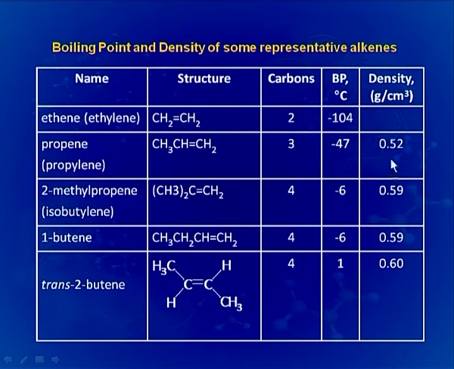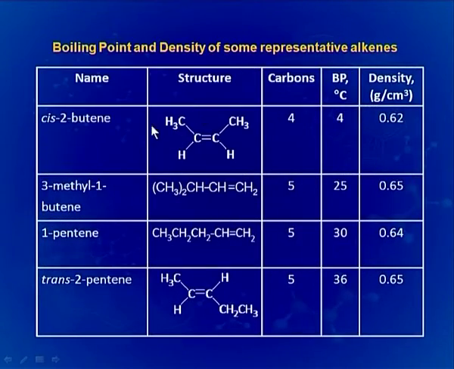Similarly, densities increase because the alkyl groups have increased. So, densities are slightly increased with more alkylated alkenes. You can see and compare several such examples for other alkenes: cis-2-butene, 3-methyl-1-butene, 1-pentene, trans-2-pentene, and we observe the same trend of increasing density.